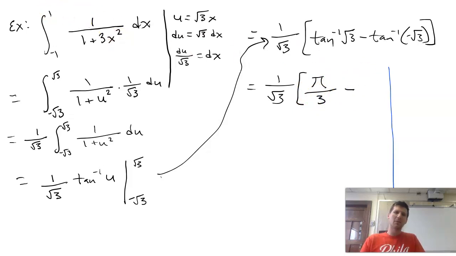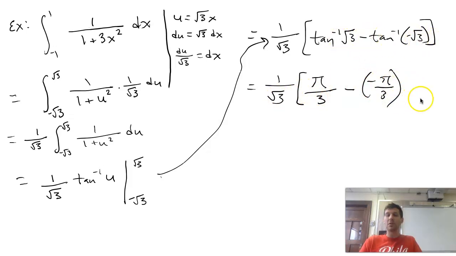And for negative root 3, there's one value where we have a tangent of negative root 3, and that would be at negative 60 degrees. So that would just be the negative of what we had, and you could use your calculator to evaluate these arctans if necessary.